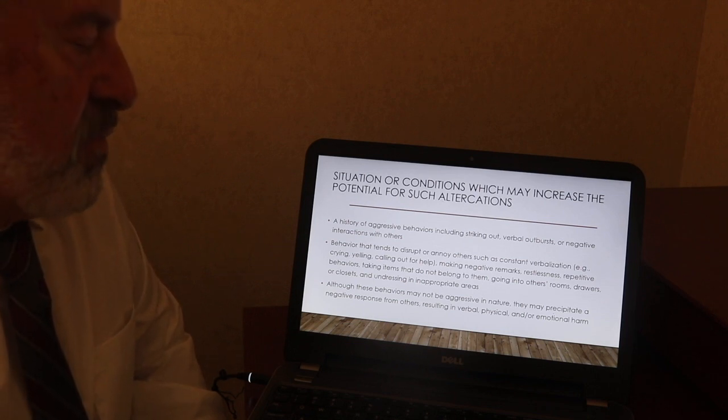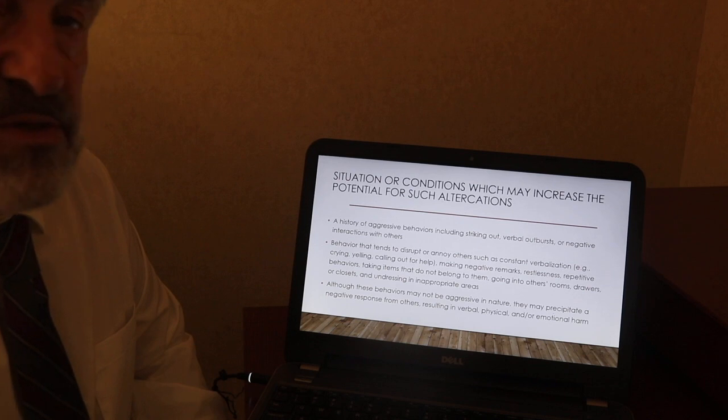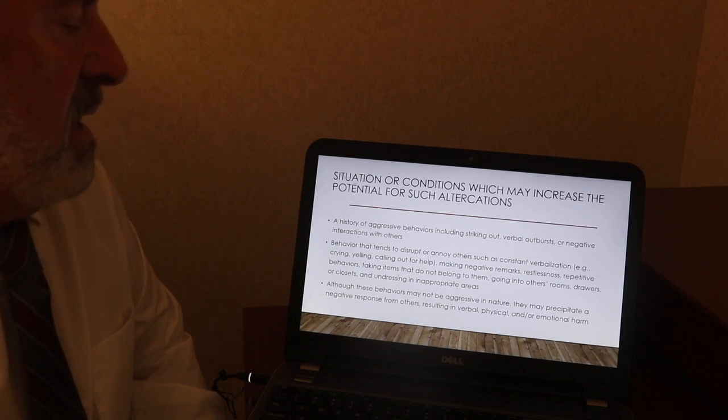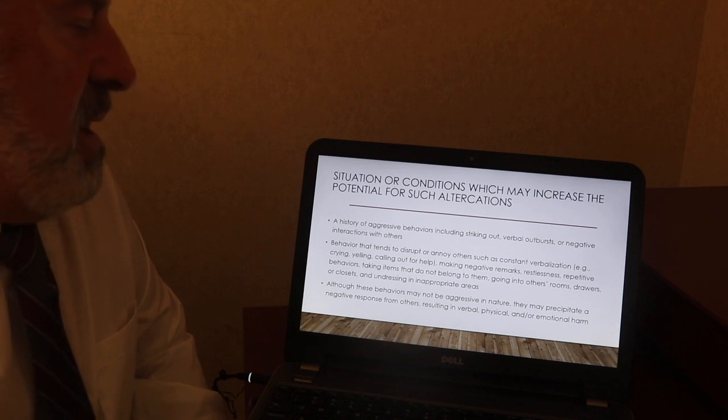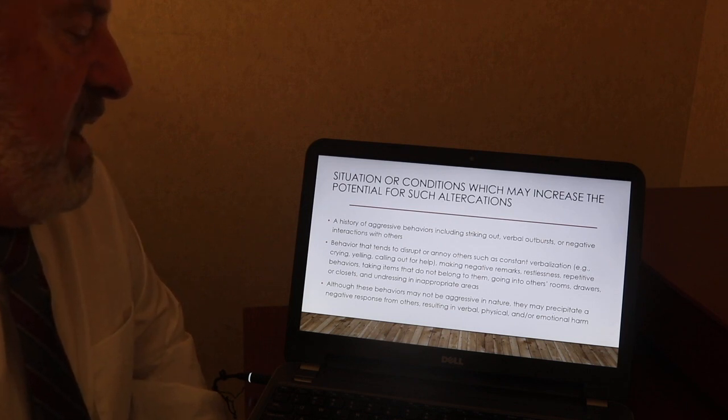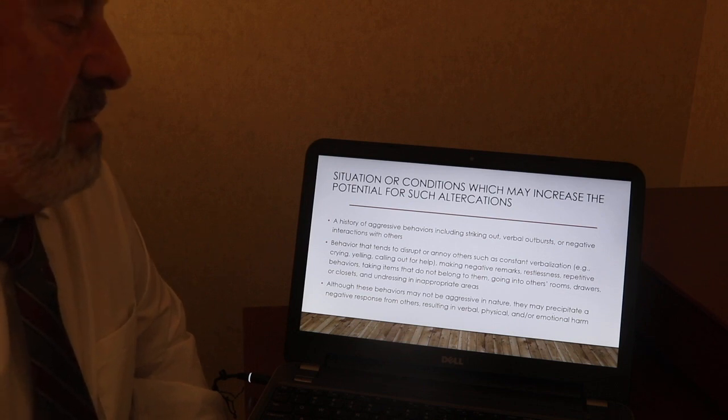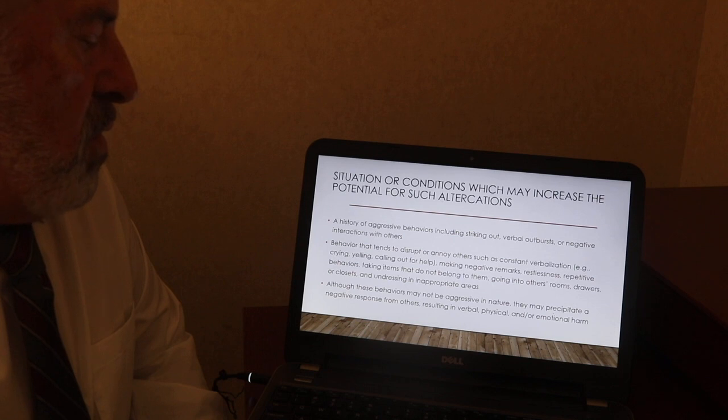Behaviors that tend to disrupt or annoy others, such as constant verbalizations, crying, yelling, calling out for help, making negative remarks, restlessness, repetitive behaviors, taking items that do not belong to them, going to others' rooms, drawers, or closets, and undressing in inappropriate areas.